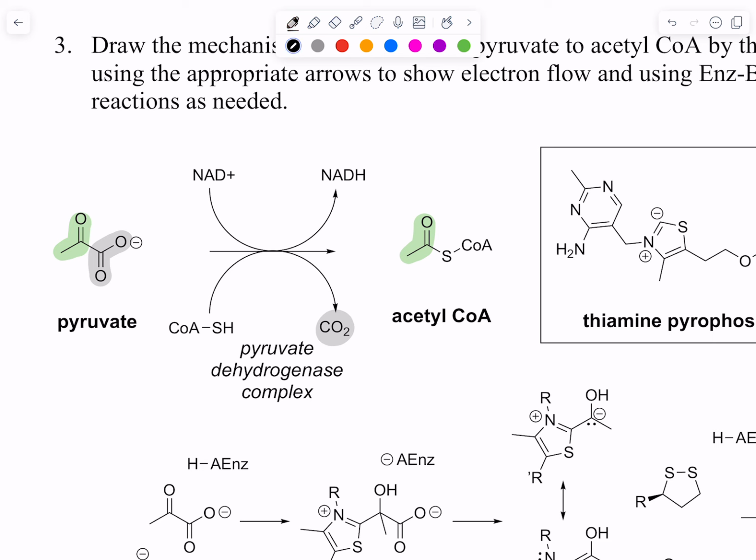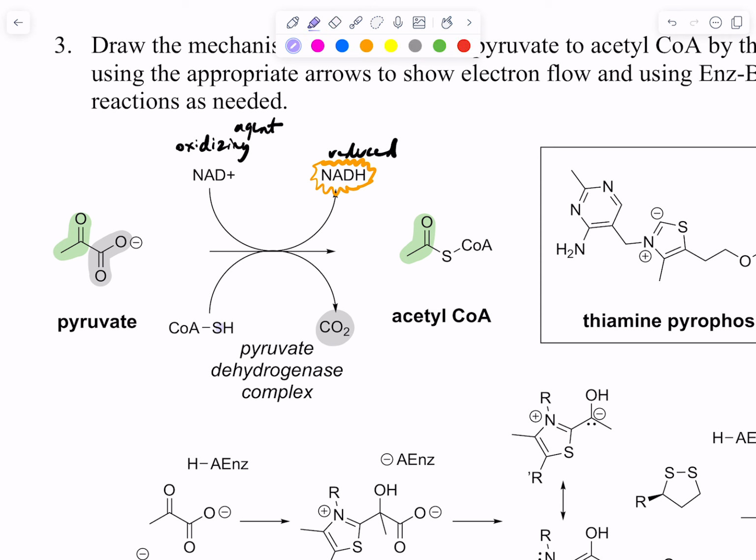In the process, NAD plus is our oxidizing agent, and it gets reduced to NADH. That's another energy-rich molecule that we can exchange for ATP in the electron transport chain. I suppose the other cofactor we need is coenzyme A, which provides a thiol.